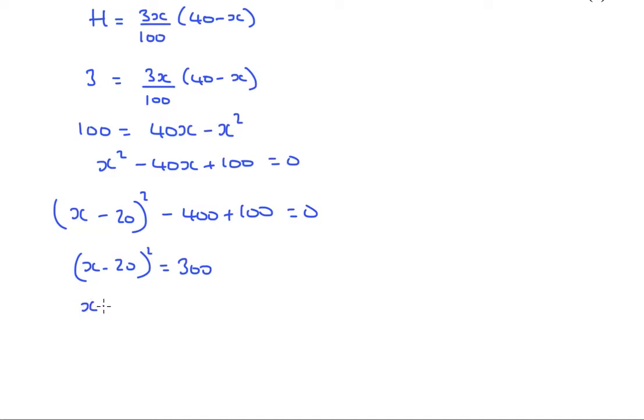So x is equal to 20 plus or minus root 300. We want the greater value, so we want the positive one. So x is 20 plus root 300, which is 37.3.